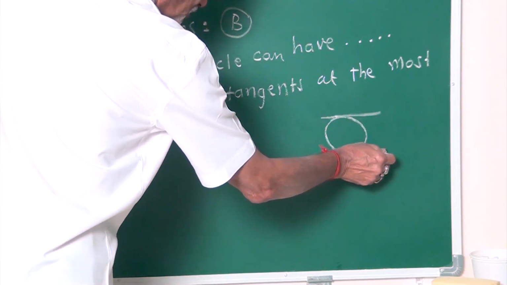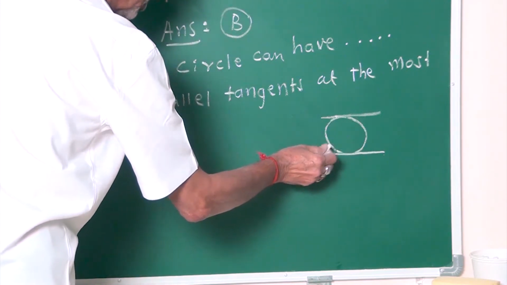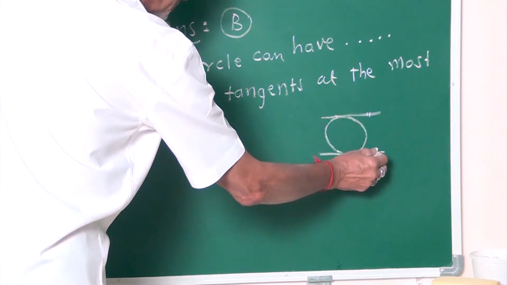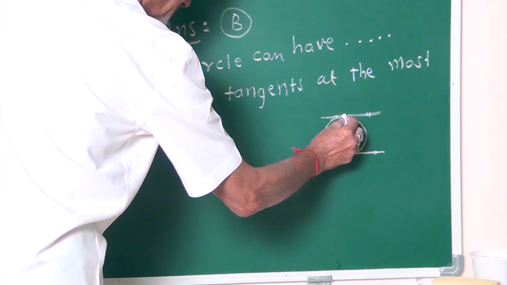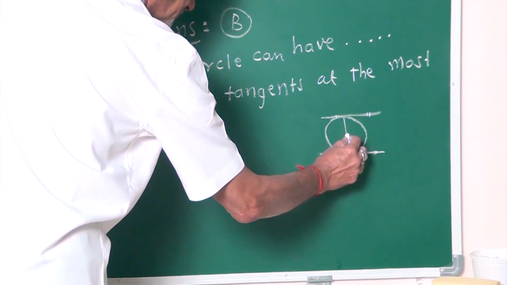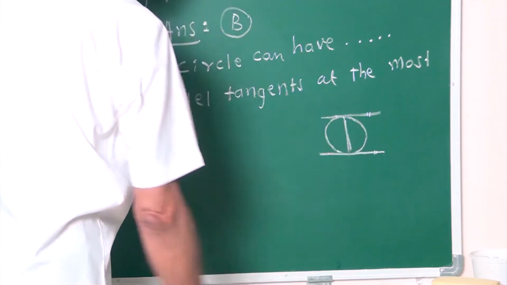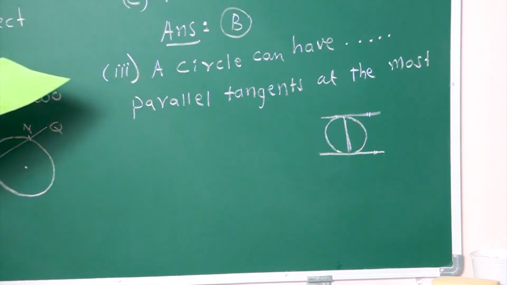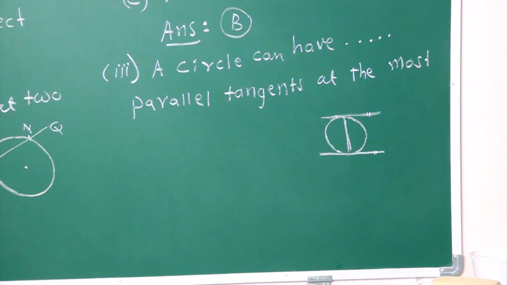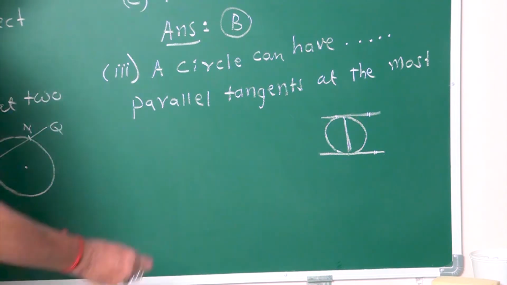It has 2 parallel tangents. This is one, this is another. This is the diameter of the circle. At most, you have 2 tangents. How many?